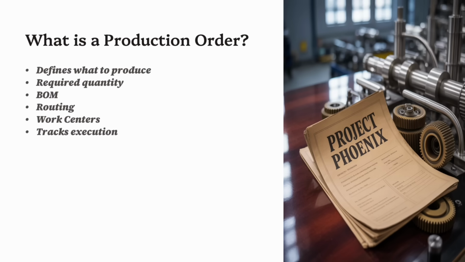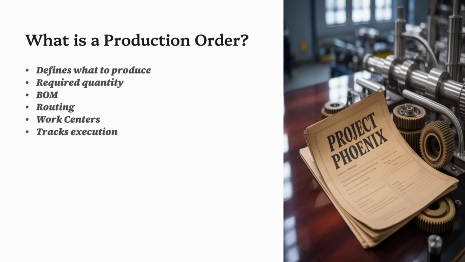It links together the material to be produced, the quantity required, the bill of materials BOM, listing all raw materials, the routing, which defines the sequence of operations, and the work centers, where the operations will take place. Production orders also track the progress of manufacturing.